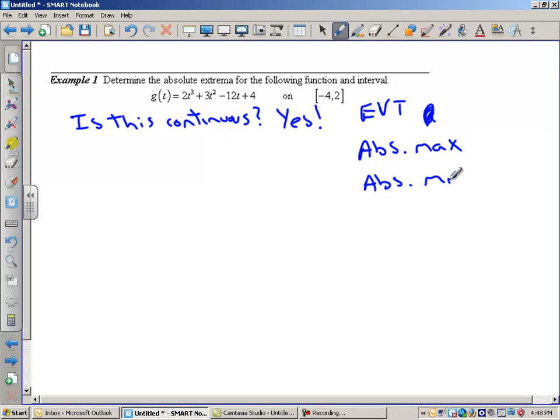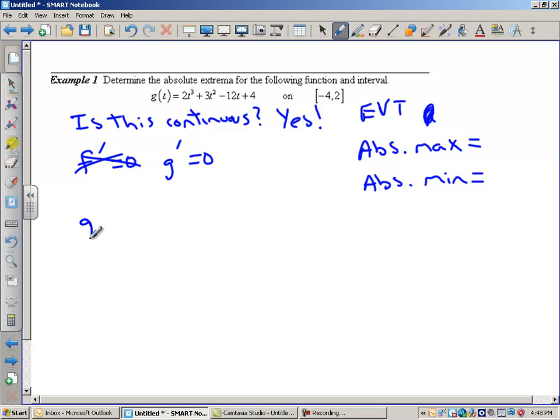These are going to have to be things we answer. Now, they don't have to occur at the endpoints, but they could also occur where f prime equals 0. So that's what we're going to start with. Well, here we're going to have g prime equals 0. I'm full of mistakes today.